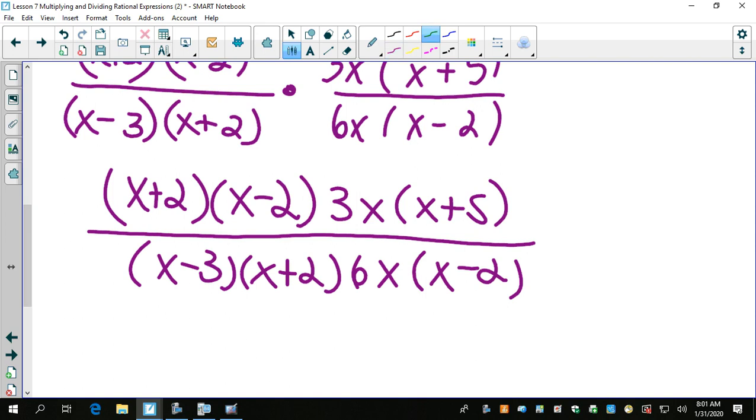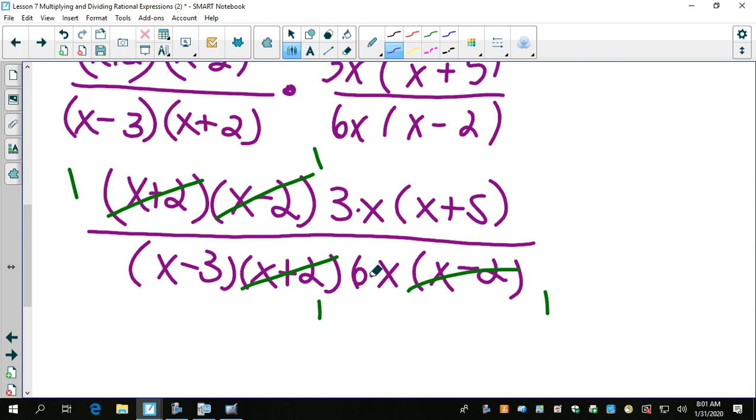All right, so what do you cancel? X plus 2's? Yes. What else do I cancel? X minus 2's? What about the x's? No, these are attached by multiplication. What's x over x?